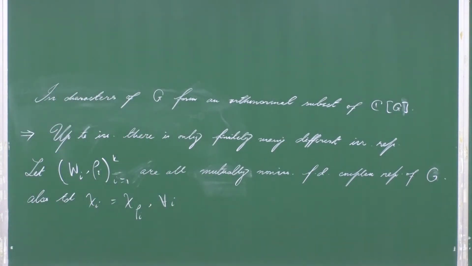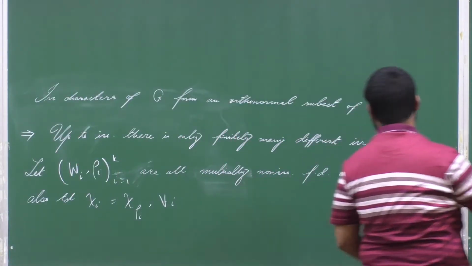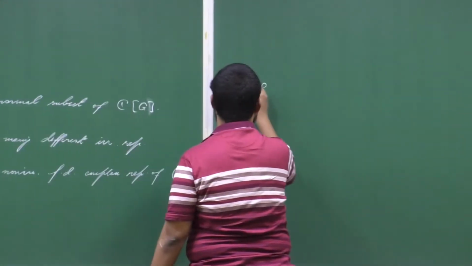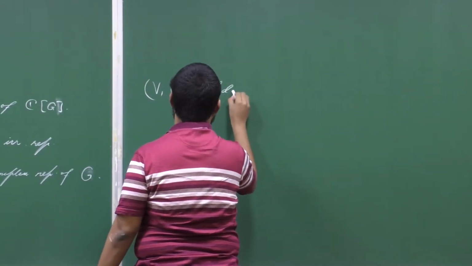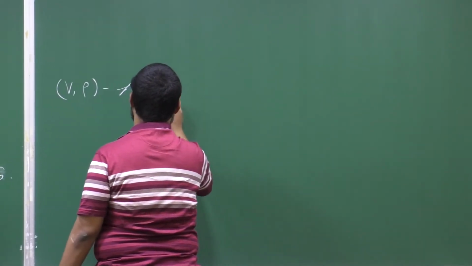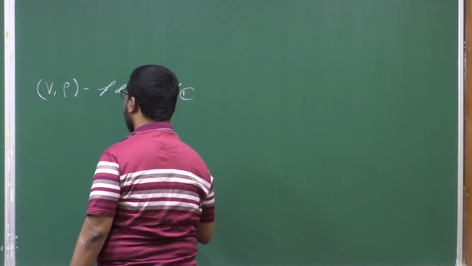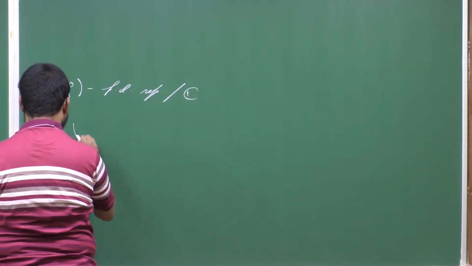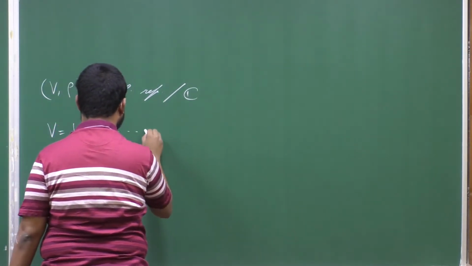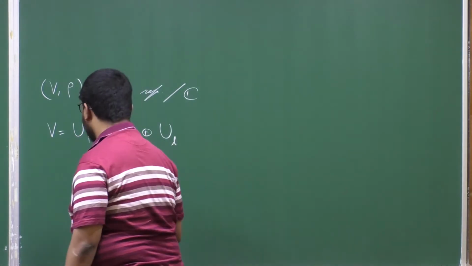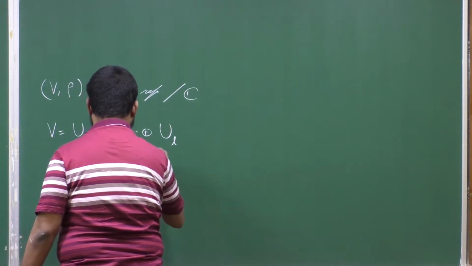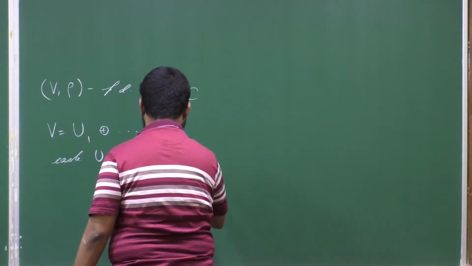Now let's consider an arbitrary complex finite dimensional representation. So let V be a finite dimensional complex representation over C. By Maschke's theorem, V will be the direct sum U1 up to UL, where each Ui is a G invariant subspace.